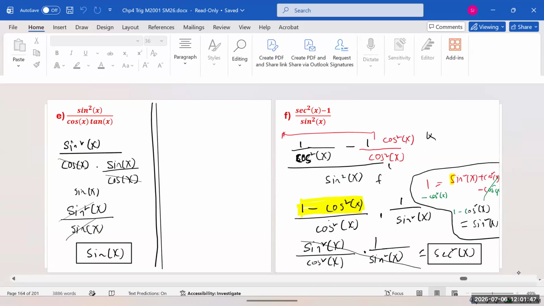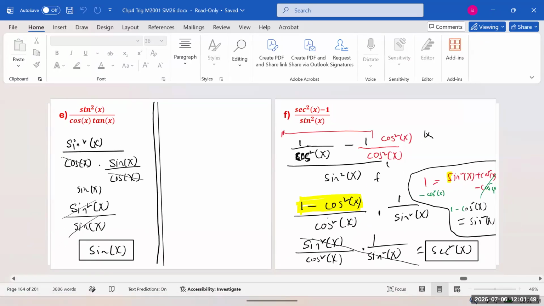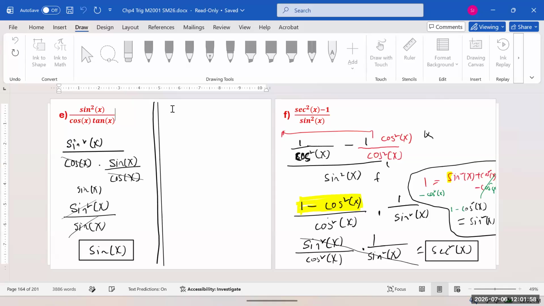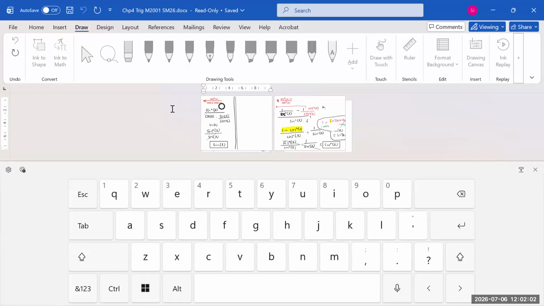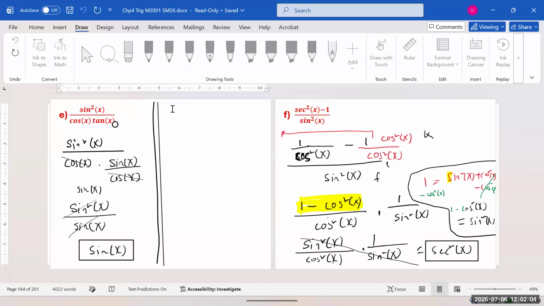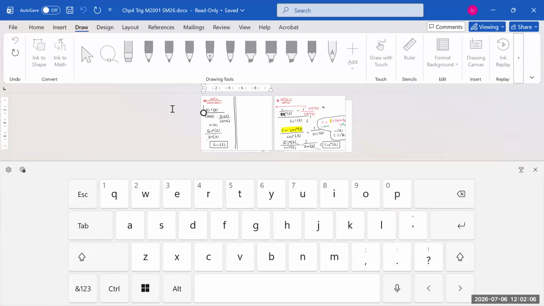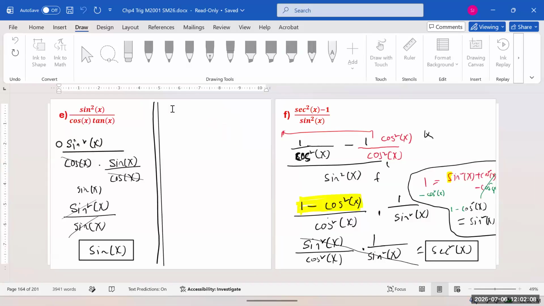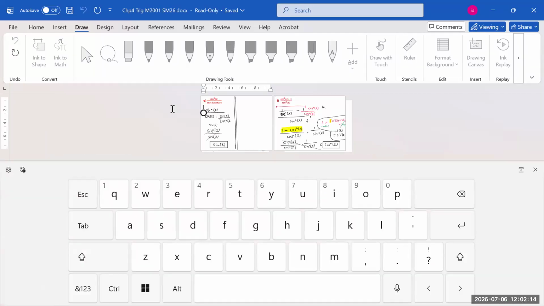We know 1. Come on, why is my drawing not drawing?